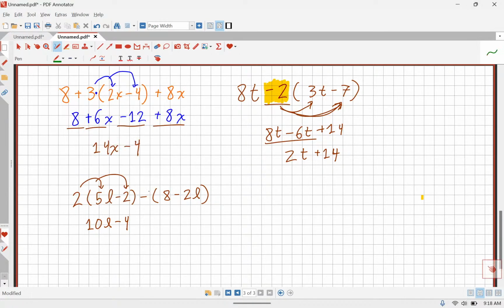Nathan was asking about how we deal with something like this. I think of there as being a secret 1 there. And so negative 1 times positive 8 is negative 8. And negative 1 times negative 2 is positive 2l. 10l plus 2l is 12l. And negative 4 minus 8 is negative 12.